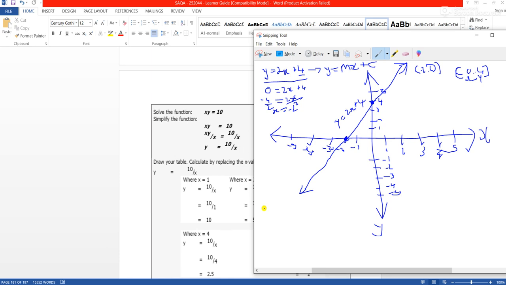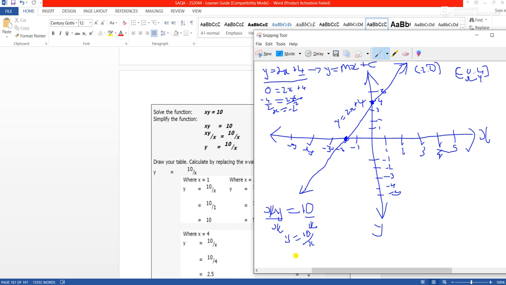Because we were given xy equals 10, we want to remove x, so y should be the subject of the formula, so we'll have to divide with x on both sides, and x will cancel x, and we're left with y equals 10 over x. So now we want to plot this on the Cartesian plane. So x can be any number, remember, x can be any number.